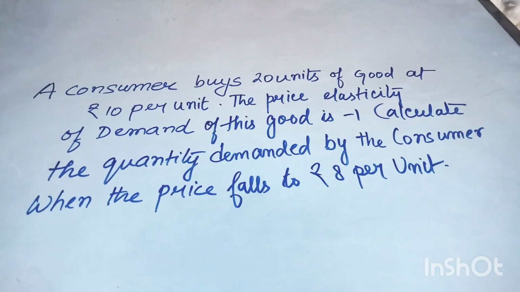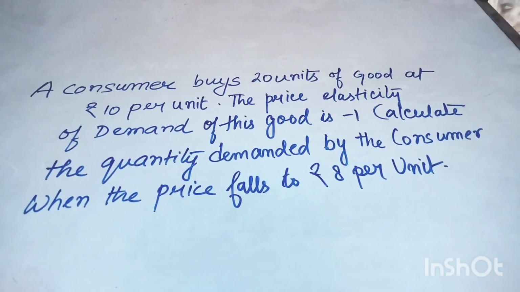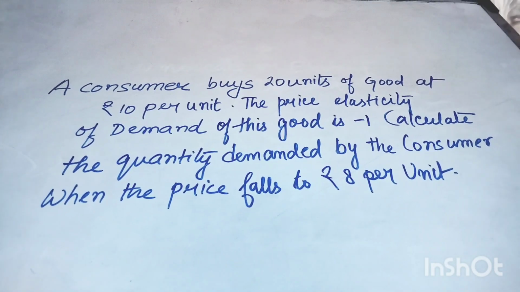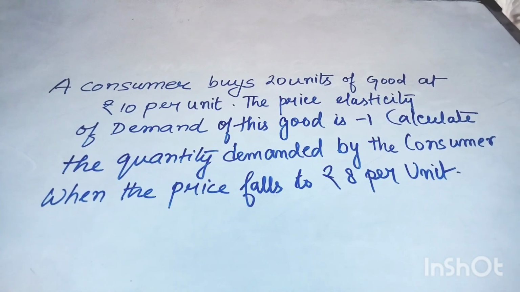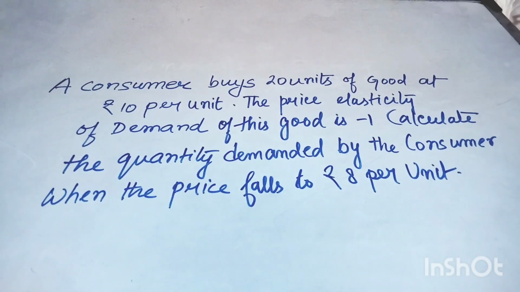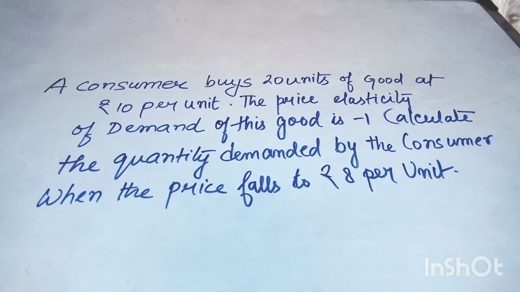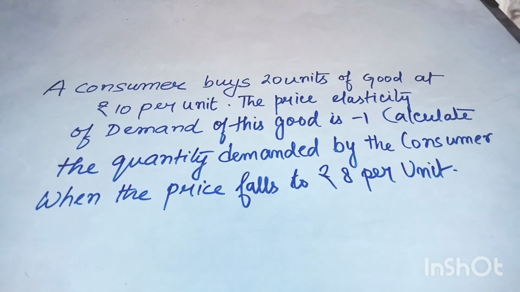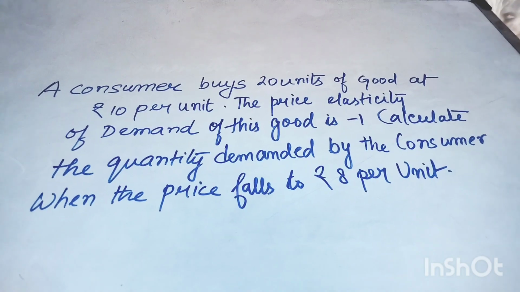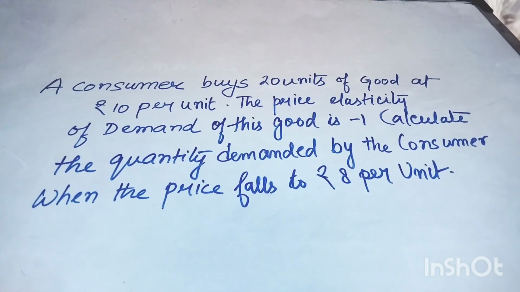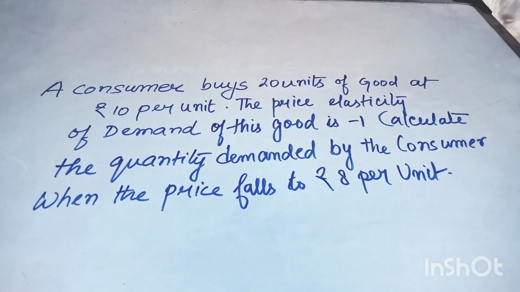So what is given in the question? The consumer buys 20 units. That means your quantity demanded is given as 20. Next, rupees 10 per unit. That means price is given, and price elasticity of the demand is given as -1. What do you have to calculate?